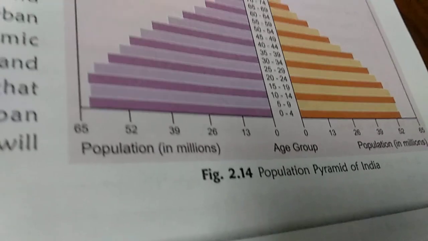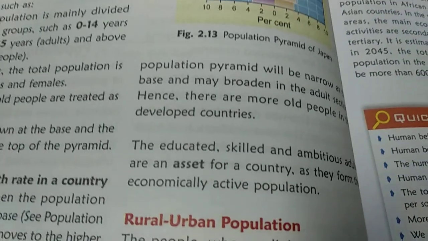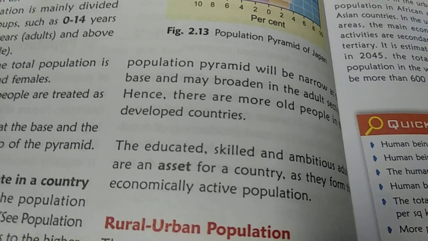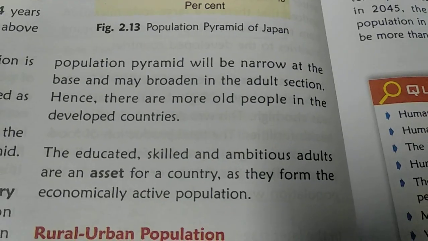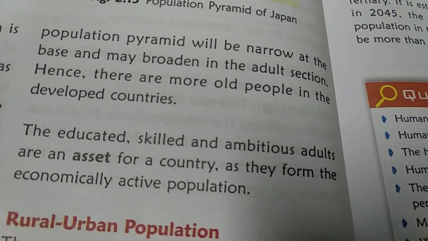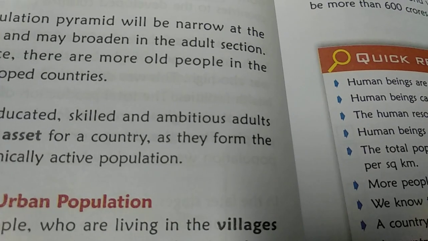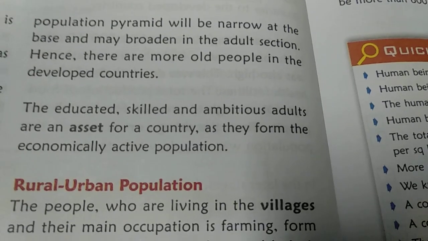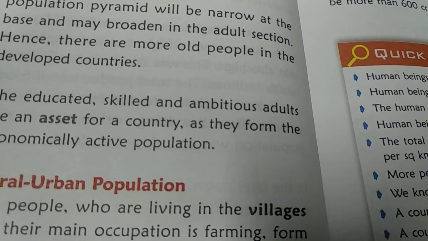This is the pyramid prepared for India. The educated, skilled, and ambitious adults are an asset for any country, as they form the economically active population of the country.